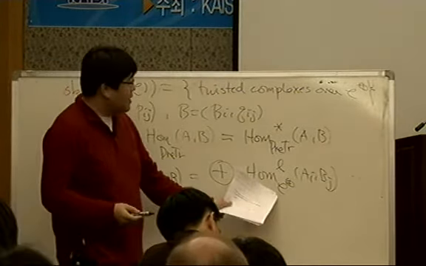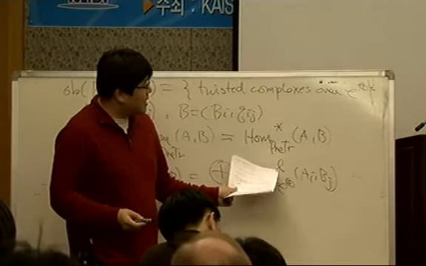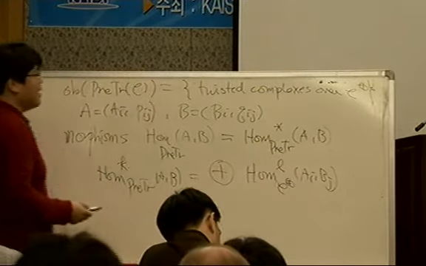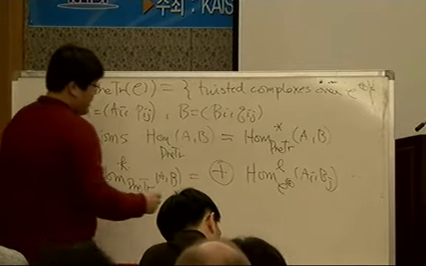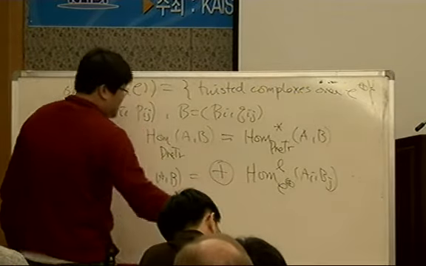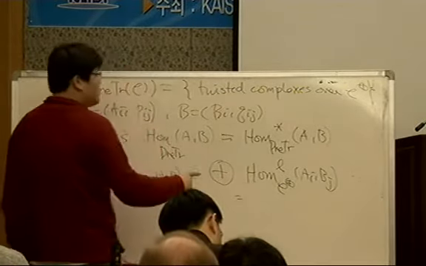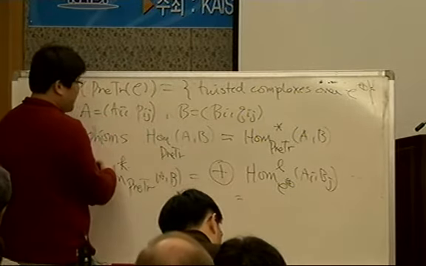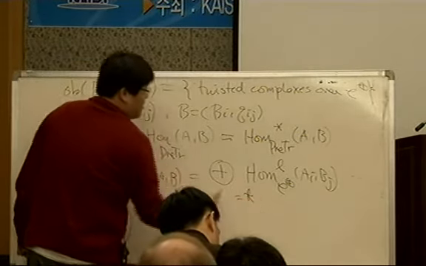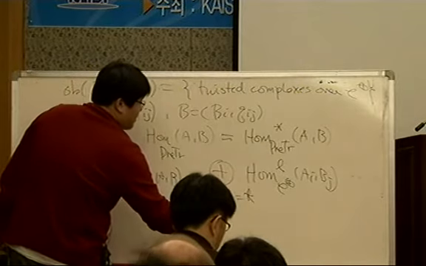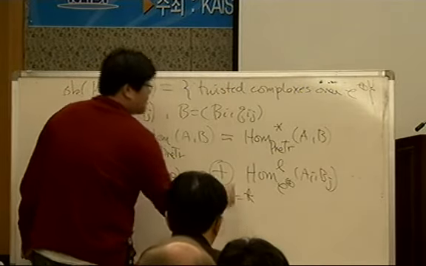This is in the category C+, the degree l component of the complex from A_i to B_j. The sum is over all possible indices where k is fixed, with the constraint l + j - i = k.